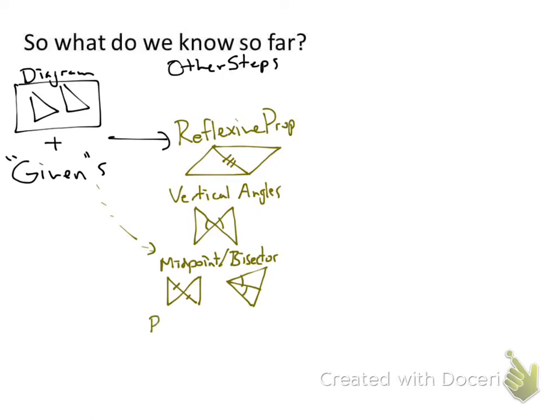The other one we have is parallel lines. If you get parallel lines from the given, there are most commonly two directions you could go. The first is alternate interior angles, which is going to look usually like this. The other is corresponding.